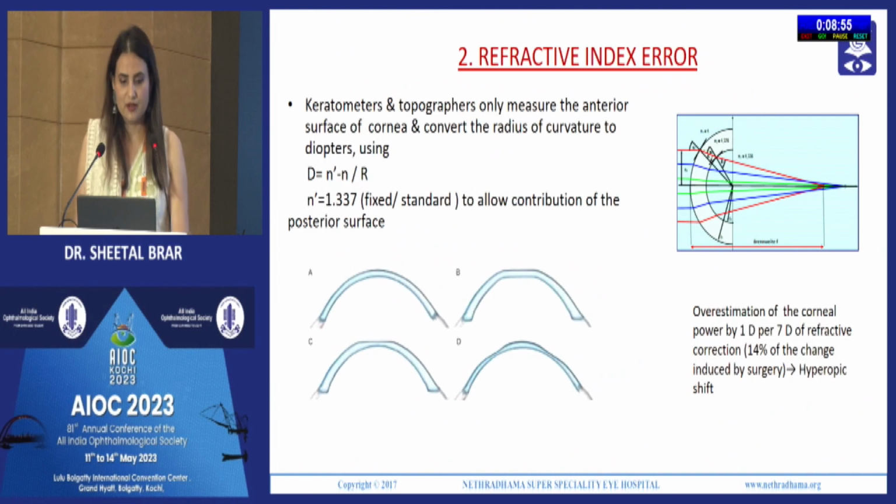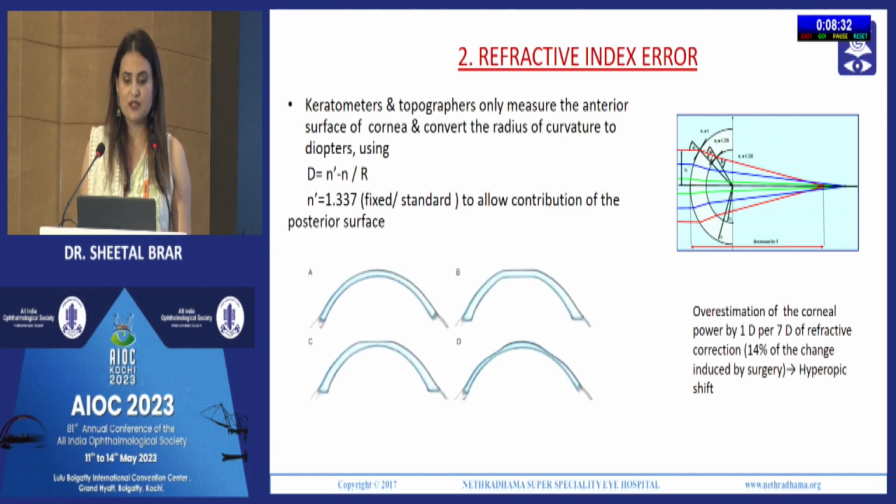Refractive index error. Again, keratometers and topographers only measure the anterior surface of the cornea, and they convert the radius of curvature to diopters using this formula. The refractive index used in this formula is 1.337, which is a fixed refractive index to allow for the contribution of the posterior surface.